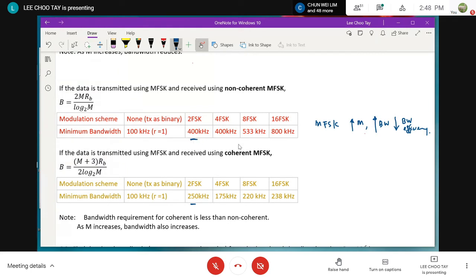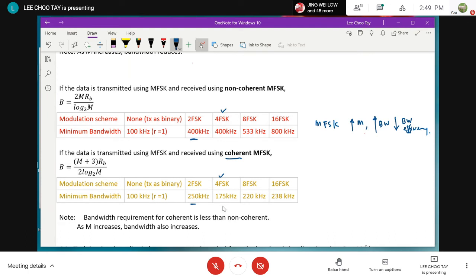But when you use coherent, you use a carrier, so the frequency separation can be narrower. Therefore, for coherent detection, the bandwidth requirement is lower compared to non-coherent detection for FSK, but there is still the same trend as you increase M.